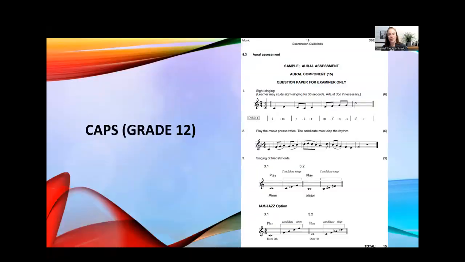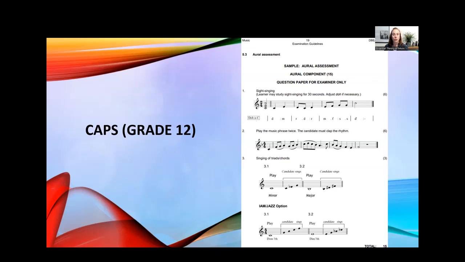Now let's start with what's expected for CAPS and for IEB SAG. So let's first have a look at CAPS. In matric, learners should be able to sing a melody. The sheet music and the tonic solfa will be provided. Then secondly, they must be able to clap a melody back to the examiner, in other words, the rhythm.